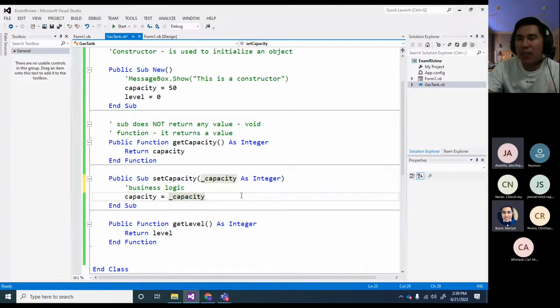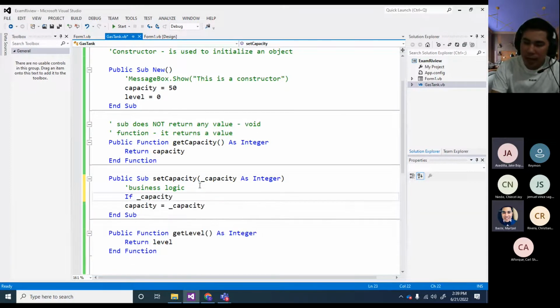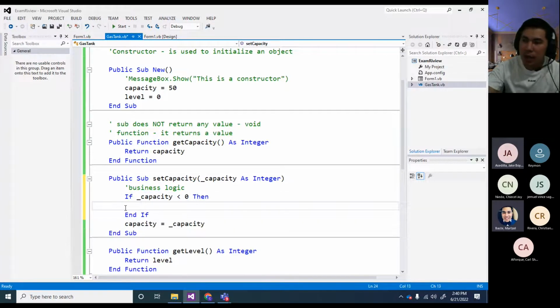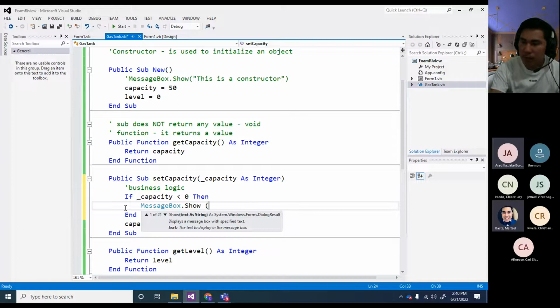So it's part of the process sa business that you should include logical analysis, wherein pwede ka magbutang mga conditions like if underscore capacity is, let's say, less than 0, then you can display something, let's say show capacity is invalid.